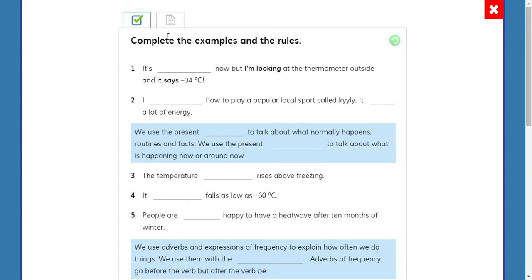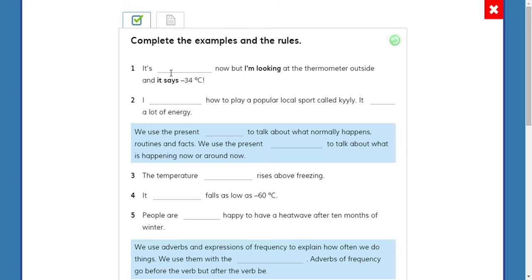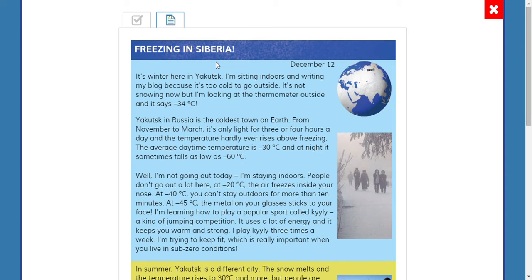So let's see. Here is a text, Freezing in Siberia. Now let's see. It's now, but I'm looking at the thermometer outside and it says minus 34 degrees centigrade. So what is the answer here? If you don't remember, you can check your books.